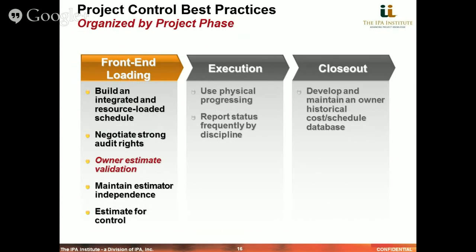Quite often, in fact, I would say in a majority of cases, towards the end of front-end loading, the basic estimate, the cost estimate, the bottoms-up authorization grade estimate in terms of quantities and productivity estimates and units, is developed by a third party, by a contractor or by a PMC, project management contractor or consultant. And so what we find differentiates project systems are those that do a separate and robust validation of that estimate.